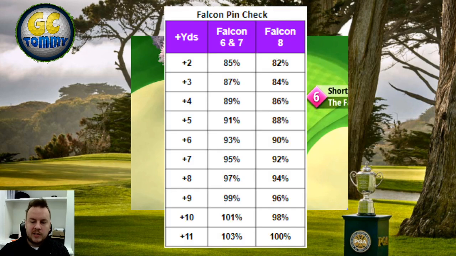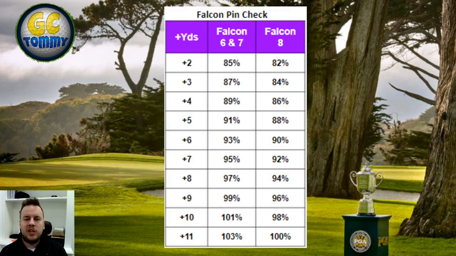Let's take a look at a table here. We see the Falcon pinches, and have in mind that we played it from +4, and here we have a nice difference when it comes to Falcon 6 and 7, which have the same power, and the Falcon level 8, which has 2 yards extra power. So there you can see that the +4 yards of Falcon 6 and 7 plays with more percentage than the Falcon 8, once again due to the less power on that club.